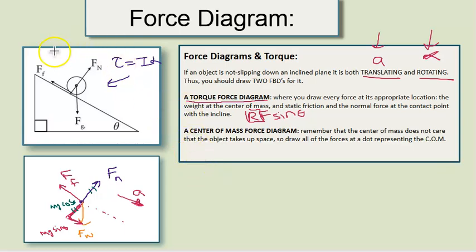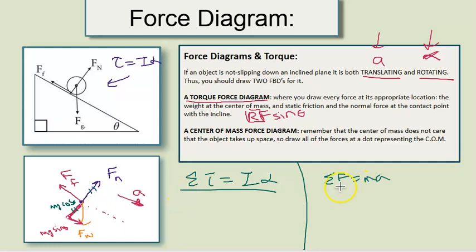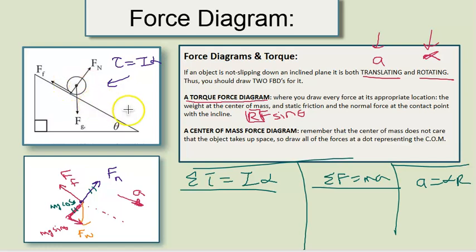Okay, so by drawing both of these, it will remind you, which we're going to do on the next slide, I have two, maybe three columns. And what's confusing is it's the same object, but I'm going to have a torque column, and a linear column, and a no slip column. I highly recommend that you just recognize, okay, this is a situation where things are both translating and rotating.